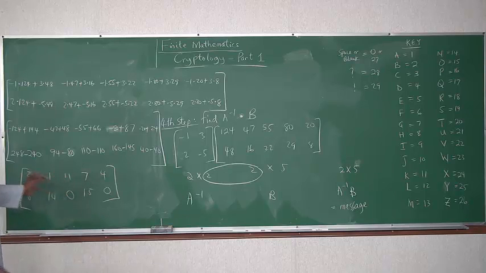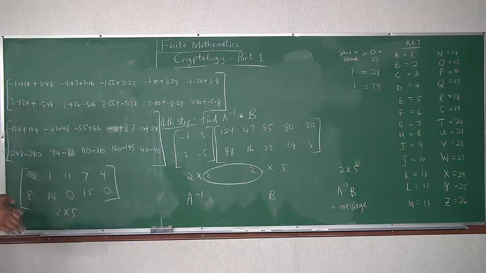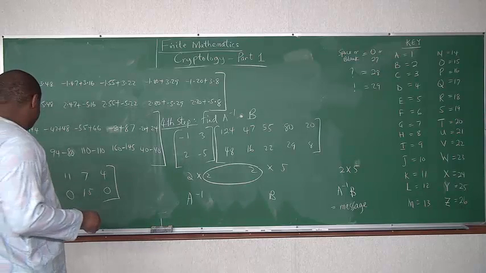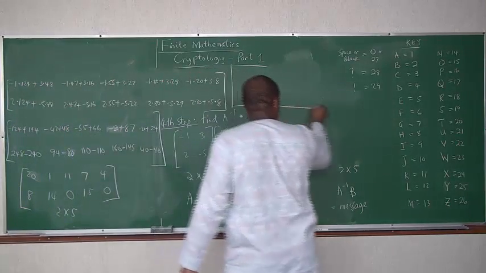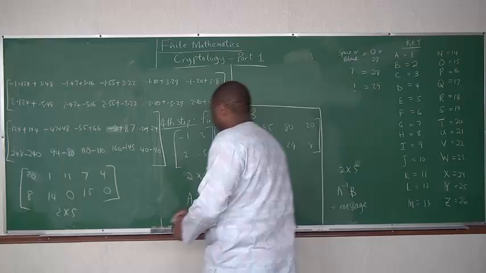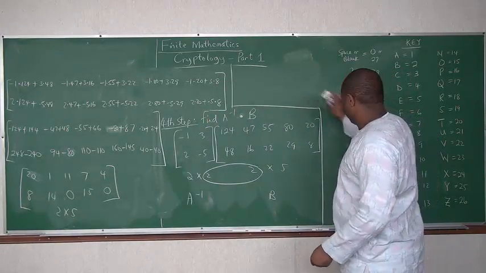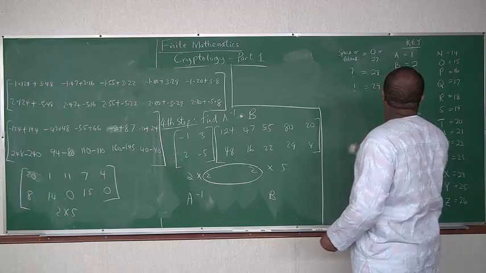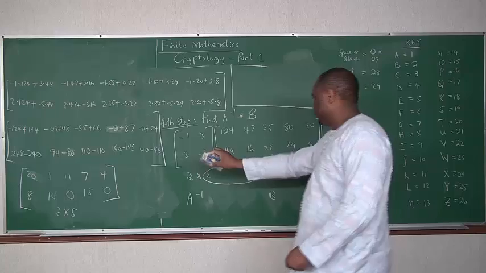This is a 2 by 5. Right? Now what do we do now? We have to spread it out. Let's spread this out here.